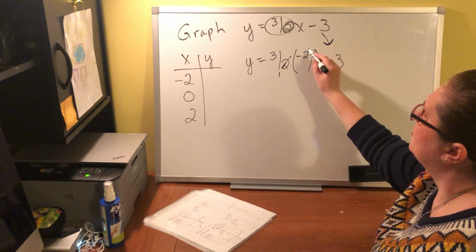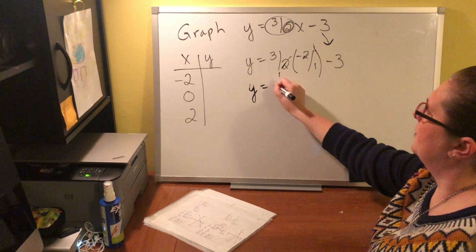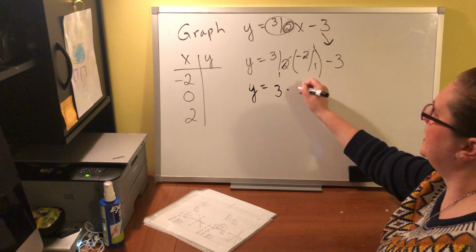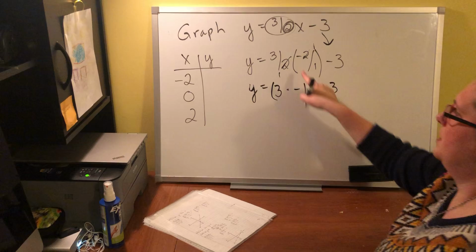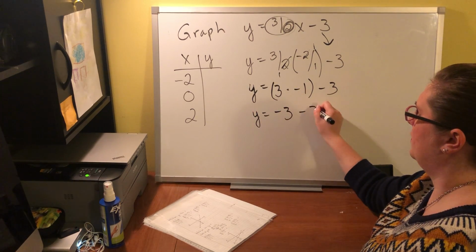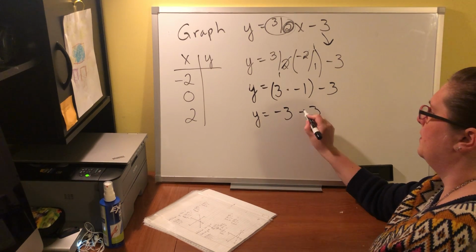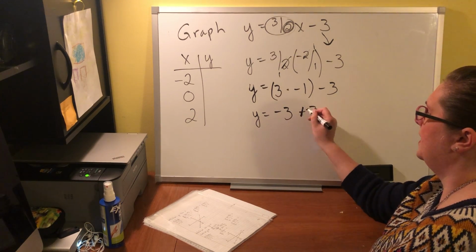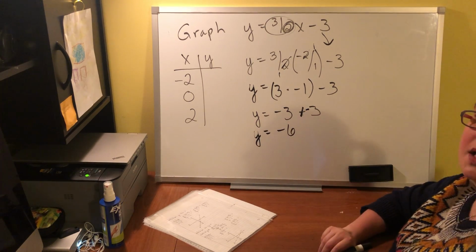The 2's cancel and become 1's. Now I have 3 times -1 left, so make sure you pay attention to that negative. So y equals -3 minus 3. Also remember our sign rules. We change this to adding a negative, so y equals -6.